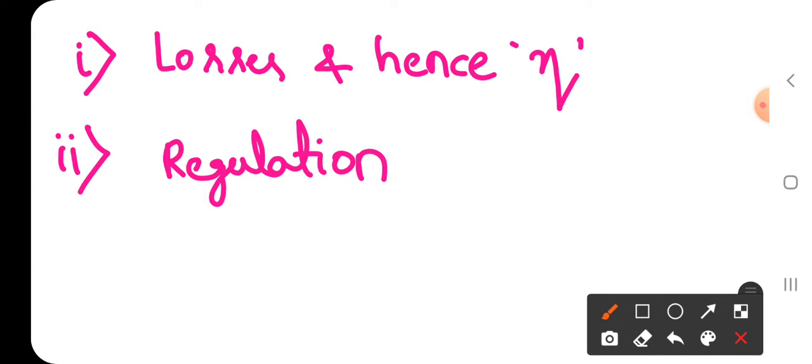That means the first parameter is efficiency. Efficiency must be a high value. The regulation must be a low value.